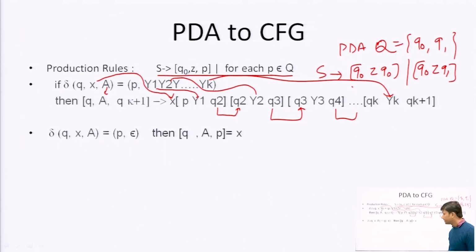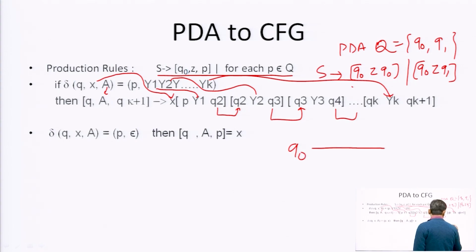Suppose one example here, see here, this is Q0, we are getting here taking input as A, going to Q1. This is Q0 and Q1, and input A, stack top B, and this is epsilon.